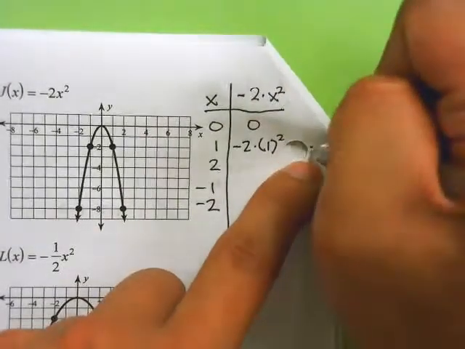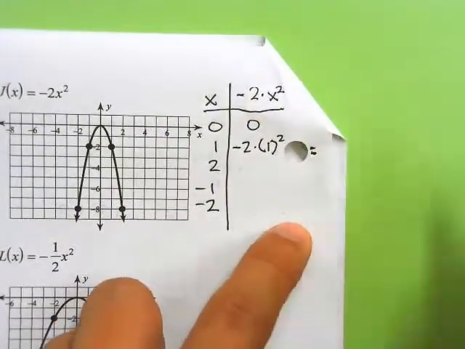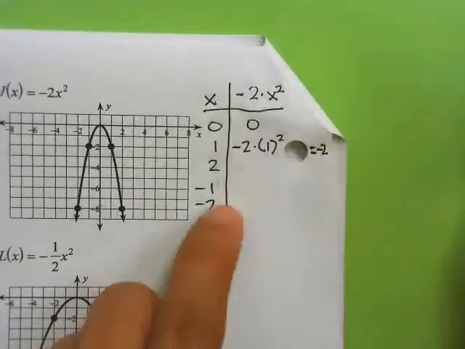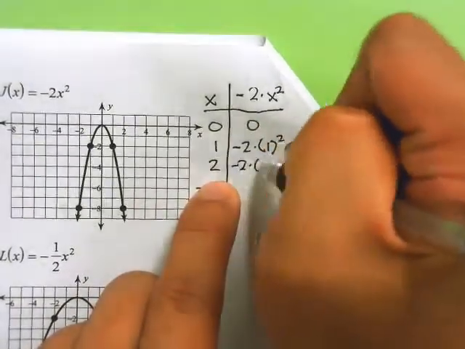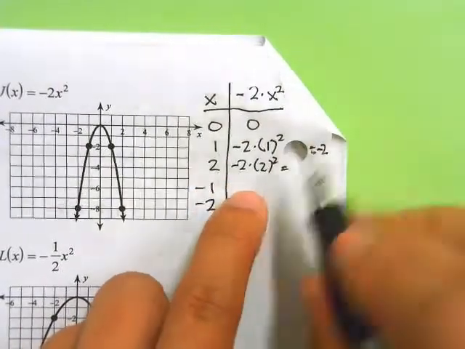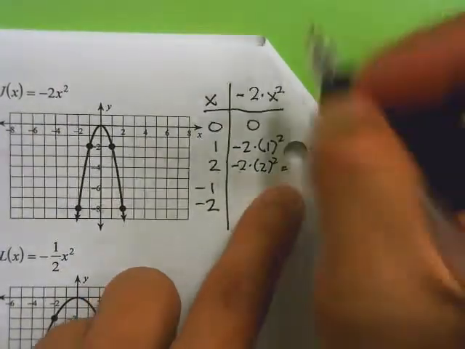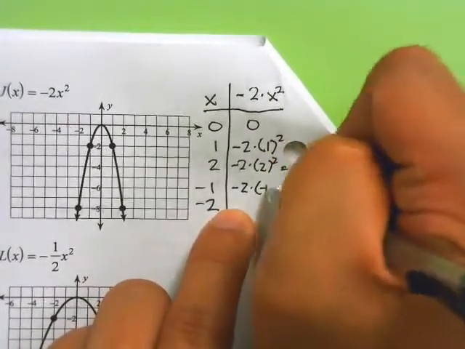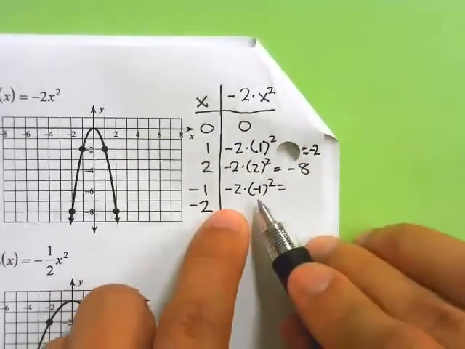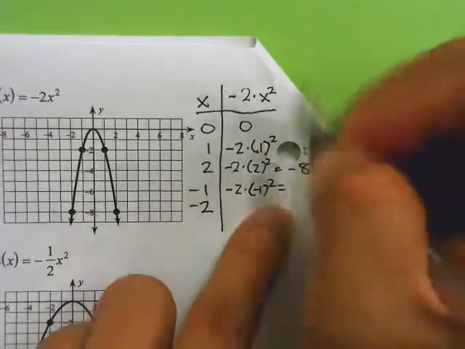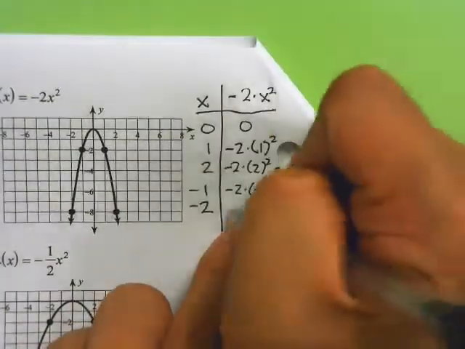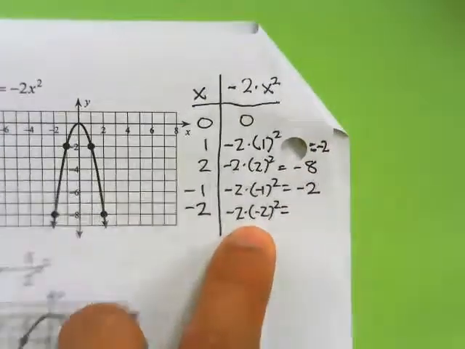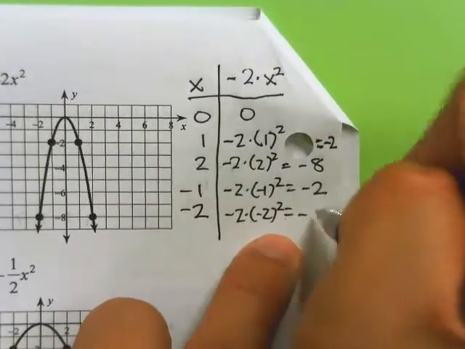Maybe I'll just write my answer over here. 1 times 1 is 1, times -2. This is going to be -2. 2 times 2 is 4, times -2 is -8. -1 times -1 is 1, times -2 is -2. -2 times -2 is 4, times -2 is -8.